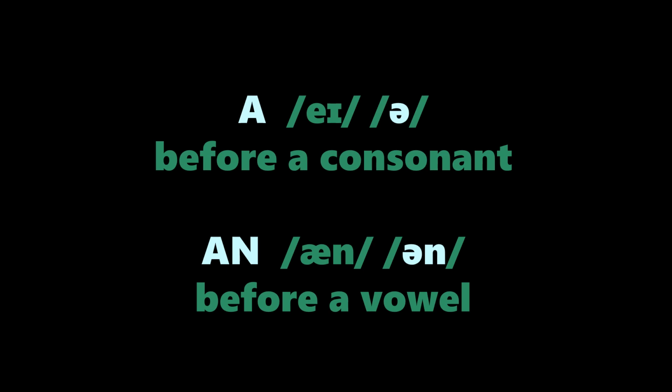And the important thing to think there is consonant sound, vowel sound, because sometimes you might encounter words in English that look like they begin with a vowel that could actually be a consonant sound. I will at some point put together a video with some examples to make it more clear what I mean, but the key thing is it's a consonant or a vowel sound that you want to be thinking about when you make your decision if you're going with a or an.